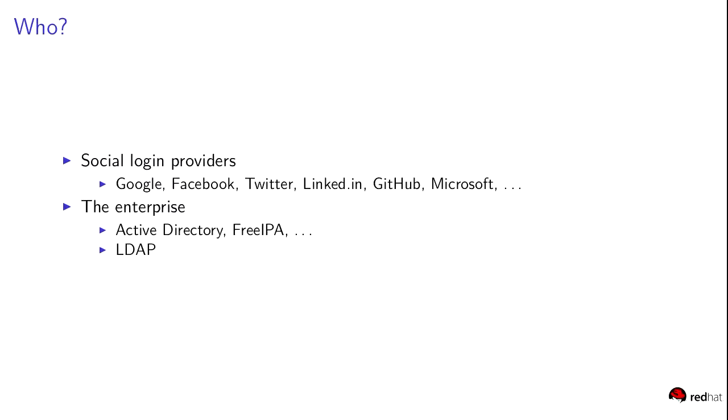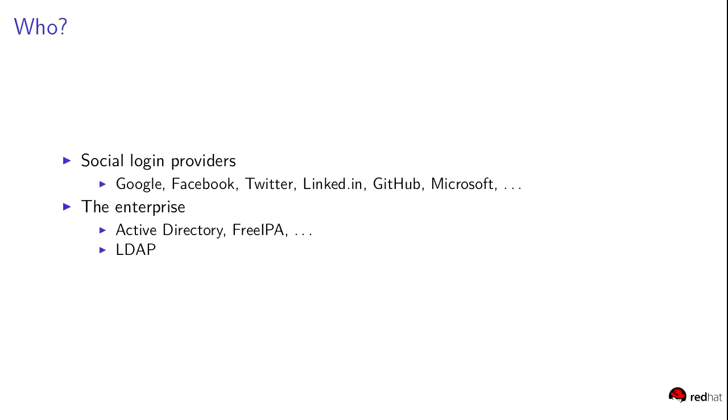So who are the identity providers? I've mentioned two main classes, and we are going to be switching between these two contexts a little bit throughout the talk. Hopefully I'm going to clearly demarcate what is relevant to enterprises and what is relevant to social login contexts.